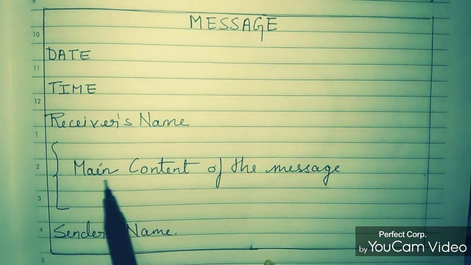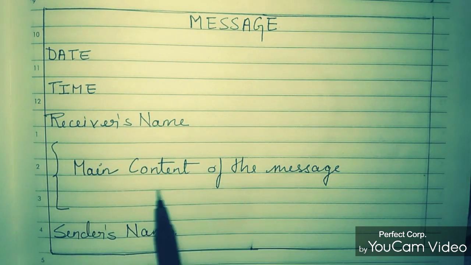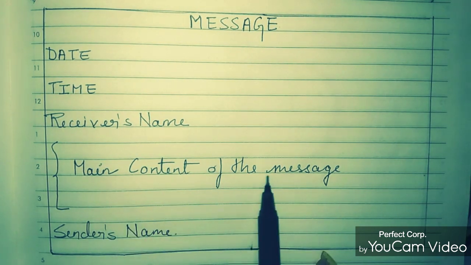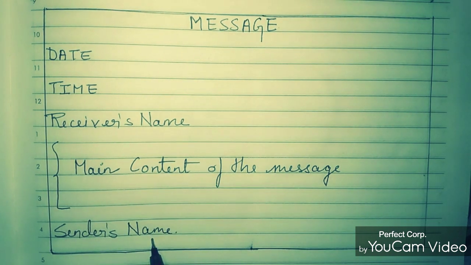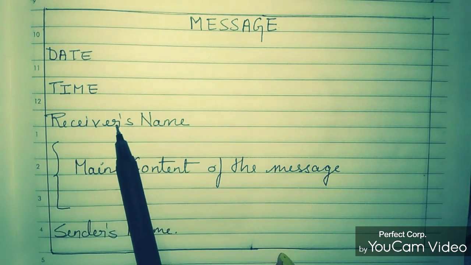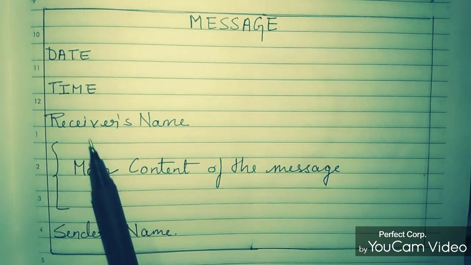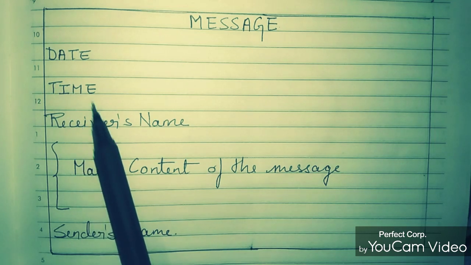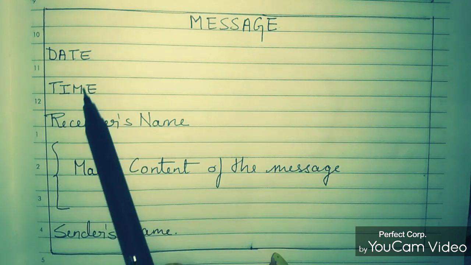Then the main content of the message, and then the sender's name will come. So the names of the writer and the receiver of the message, these are the essential parts, receiver and sender. Day, date, time of writing, these are very important.